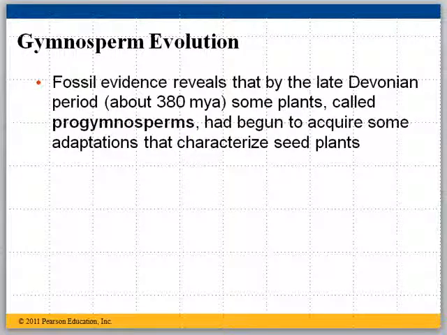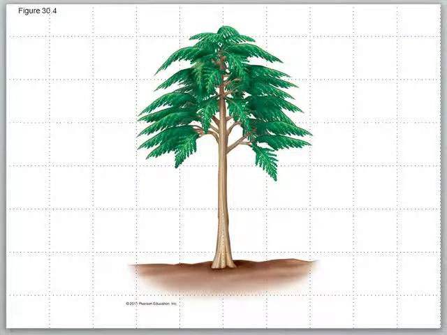So starting with the basics of gymnosperm evolution, perhaps where we have the first evidence of the gymnosperms. Fossil evidence reveals that by the late Devonian period, about 380 million years ago, some plants called pro-gymnosperms, which would be like the beginnings of gymnosperms, had begun to acquire some adaptations that characterize seed plants. For example, we have some fossil evidence of this particular tree here, Archaeopteris. Archaeopteris is a pro-gymnosperm.